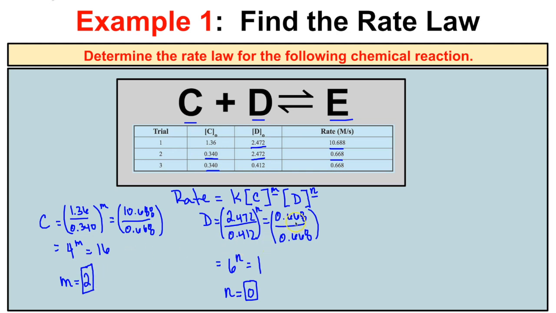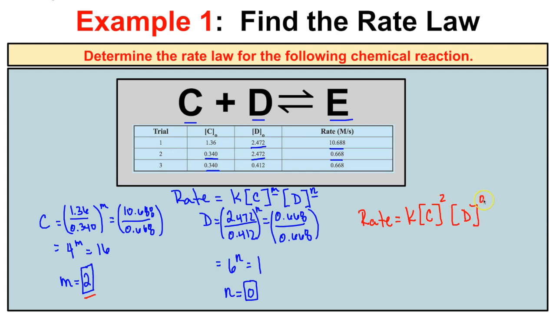So if we want to write our rate law for this chemical reaction right here, the rate is going to be equal to K times the concentration of C to the second power times the concentration of D to the 0 power.